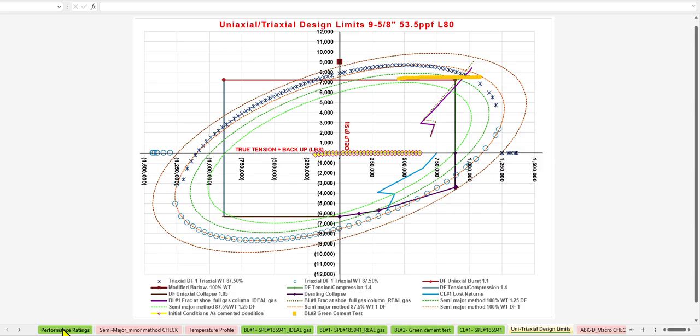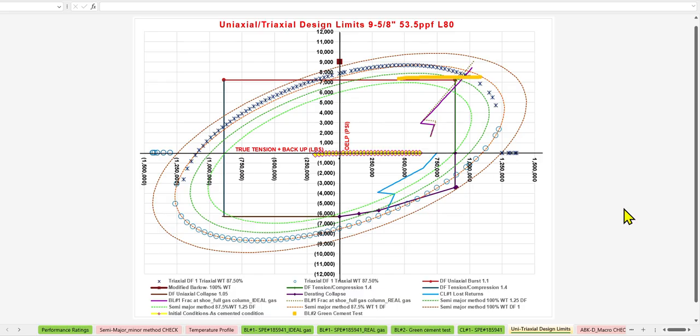Okay, so this was the spreadsheet that I put forward. The bottom line is it is quite possible to construct a spreadsheet where you can show your uniaxial and triaxial limits, and then easily calculate the triaxial design factors and triaxial stresses using the ballooning and thermal stresses, if you have a thermal profile and final pressure profiles.